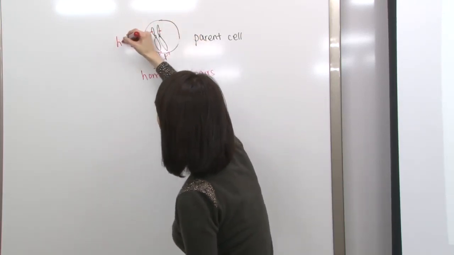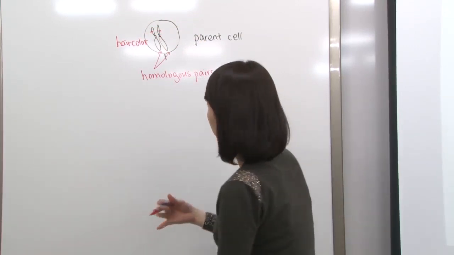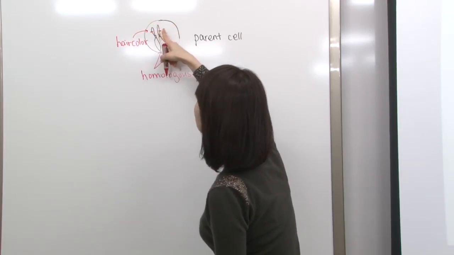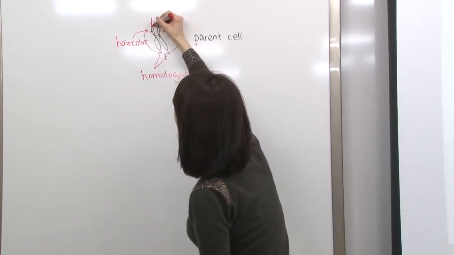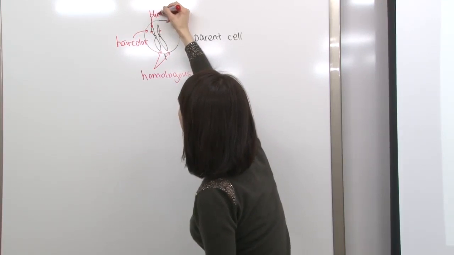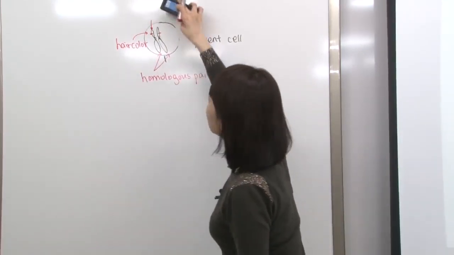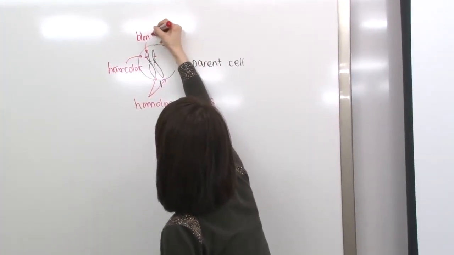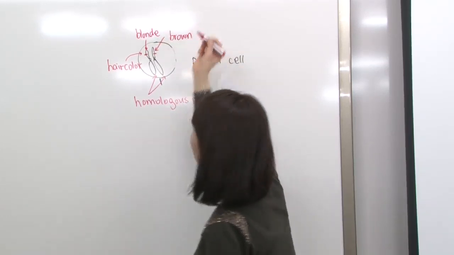Let's say hair color, I'm just giving you an example. Hair color information is contained in both chromosomes, but one states that hair color is blonde, and this one is brown, let's say.